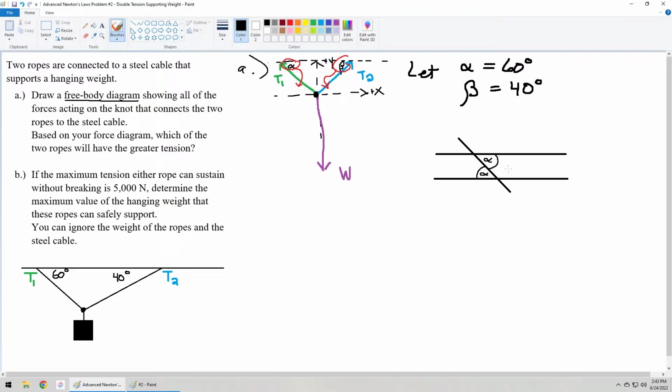They're both alpha. This is what's known as alternate interior angles.